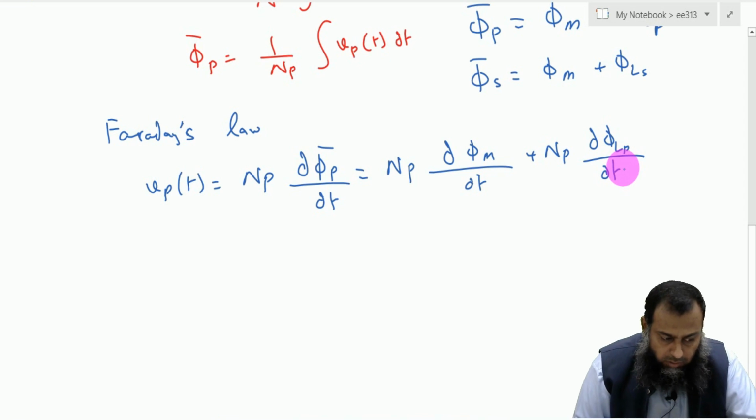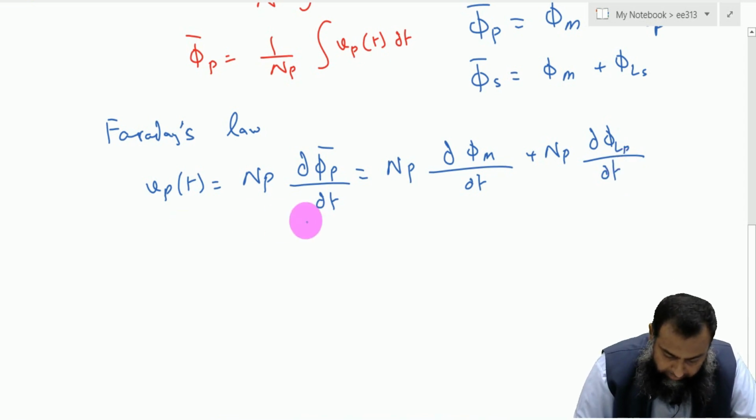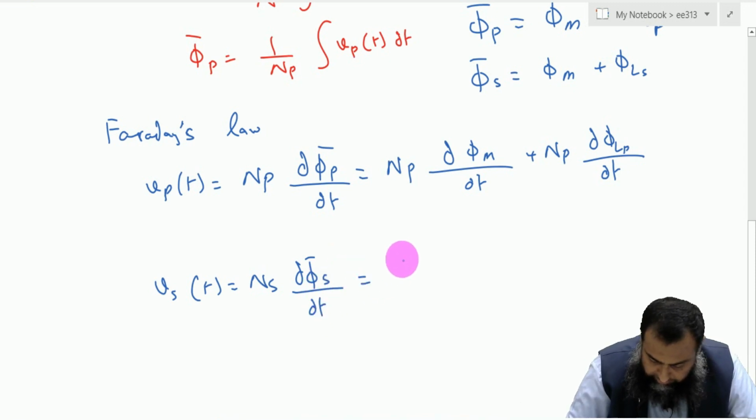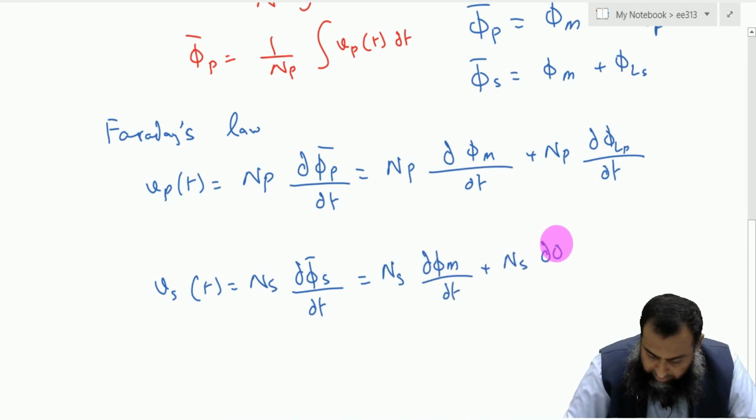And on similar grounds, we can say that Vst equals Ns times the d average flux in the secondary winding dφs/dt, and that is equal to Ns dφm/dt plus Ns dφLs divided by dt.